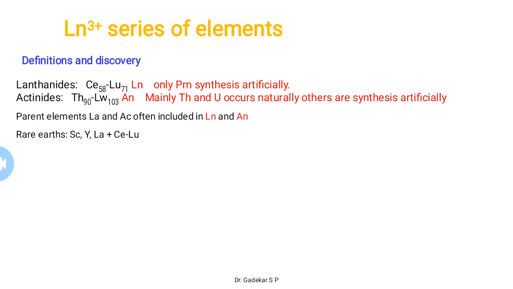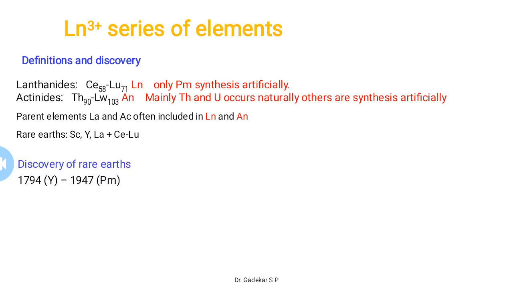The actinides start from thorium to lawrencium, 14 elements, of which mainly thorium and uranium occur naturally, and the others are synthesized artificially.